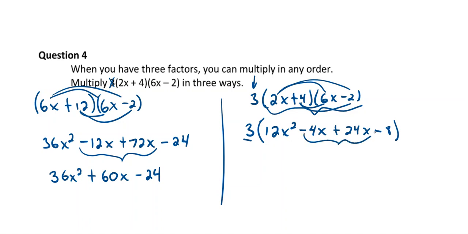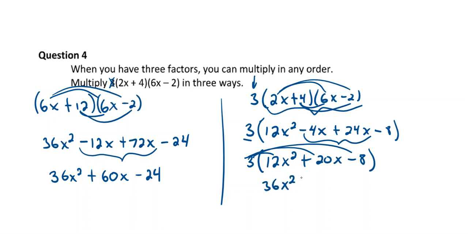Let's simplify that to make life a little easier. So we'll go 3 times 12x squared, and then this would become just plus 20x minus 8. Okay, and now multiplying this in, we end up with 3 times 12x squared is 36x squared, and then plus, 3 times 20 is 60x, and then 3 times negative 8, negative 24.